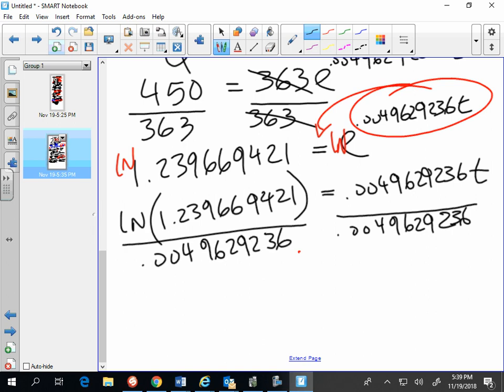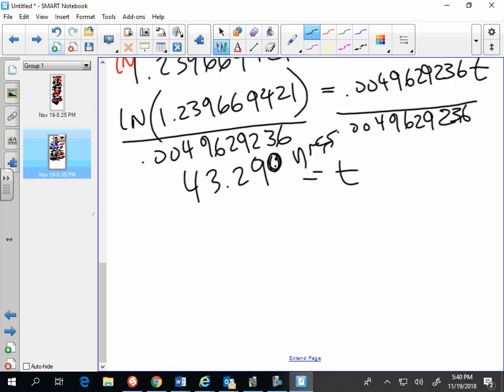Well, let's see what I get when I do that. I take the ln of that number, and I divide by that rate, 0.00496292236, and I get t equals 43.290 years.